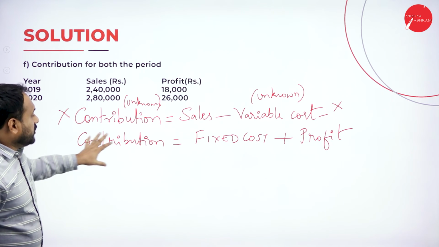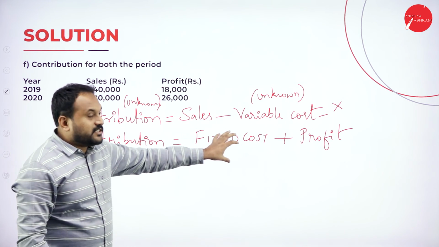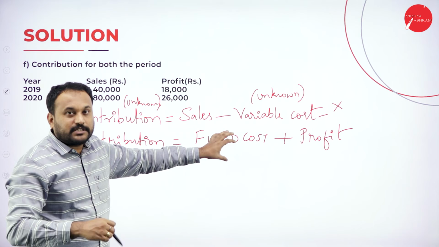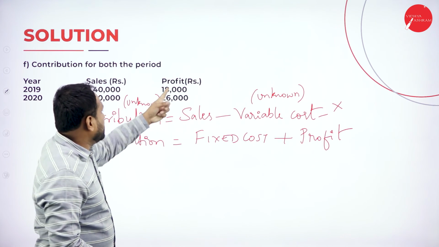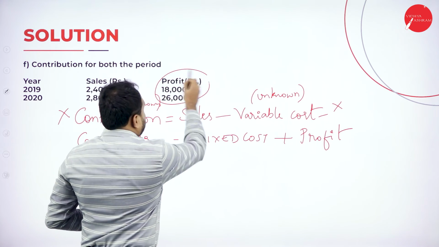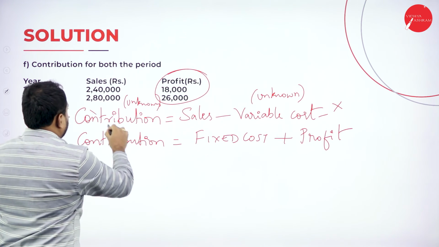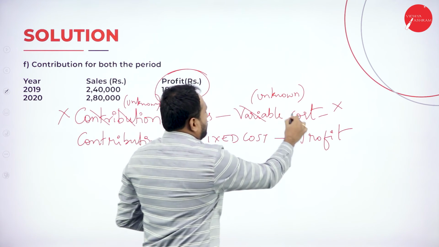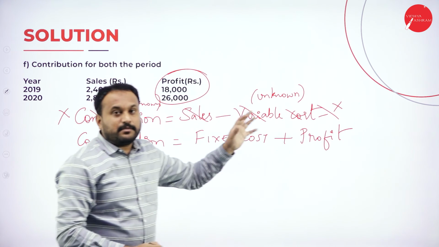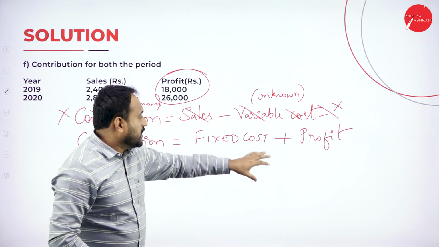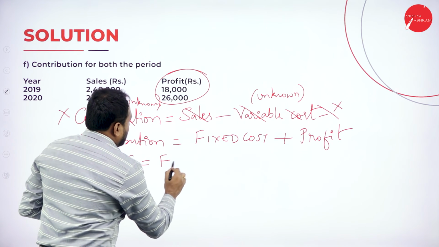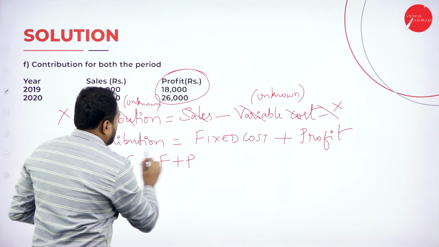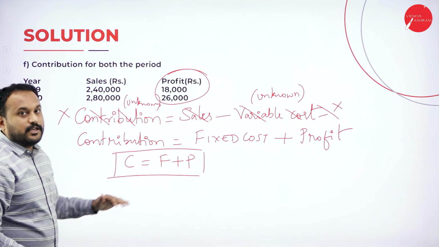But here contribution is unknown, fixed cost we know because we have calculated it here, and profit they have given. That means this formula we will not take. We'll take it if variable cost would have been given. Now we'll take this formula: contribution is equal to F plus P. This is the formula which we will use.